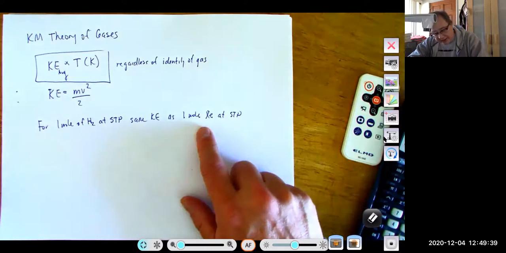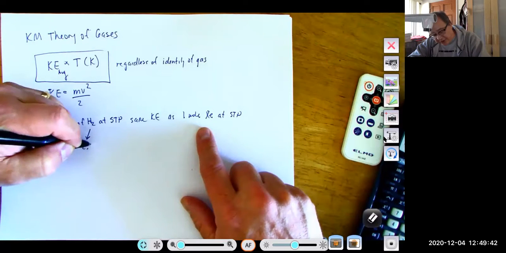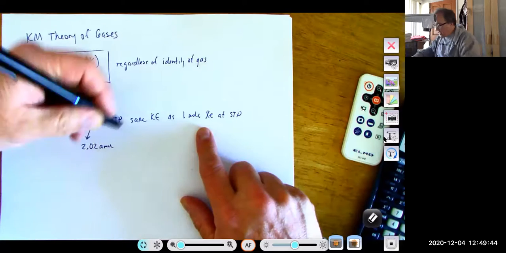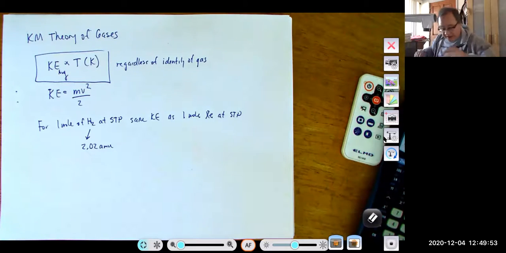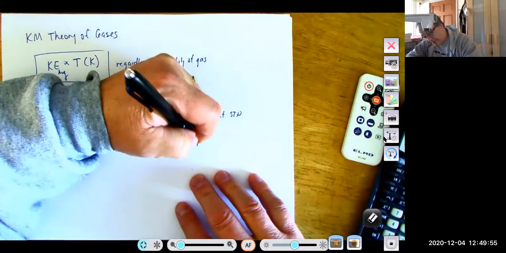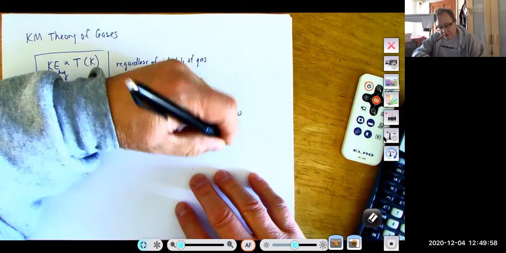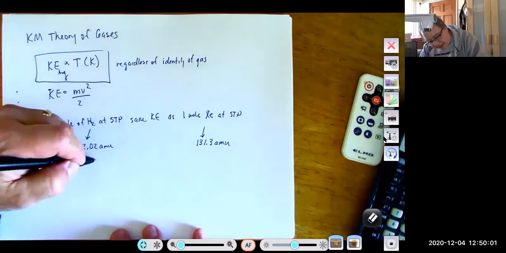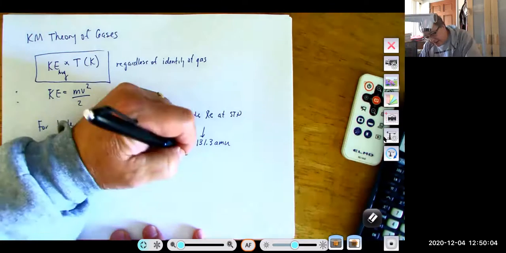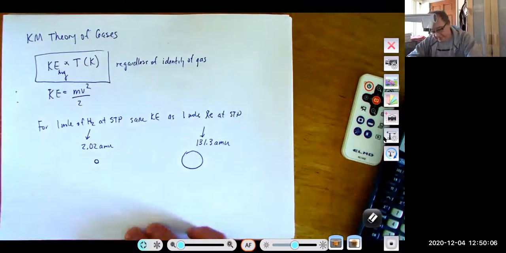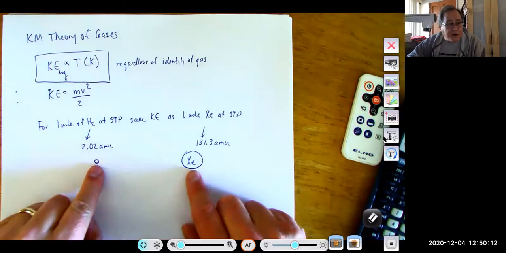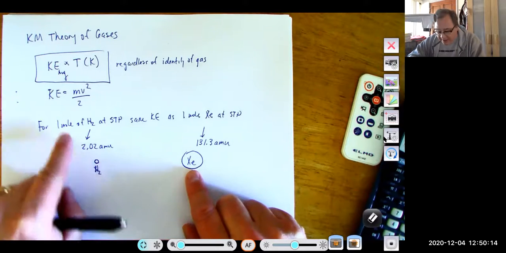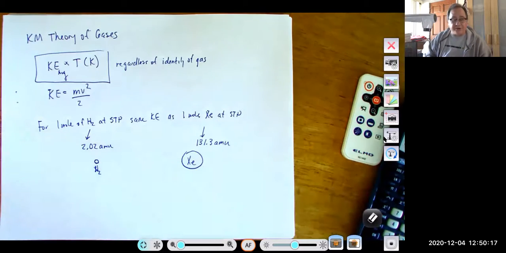What's remarkable is that the mass of H2 is 2.02 AMUs, and the mass of xenon is 131.3 AMUs. So if we were to draw these, this would be a H2 and this would be a xenon. How can these tiny little particles have the same kinetic energy as these huge particles?